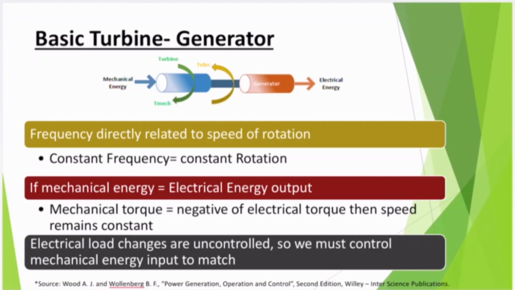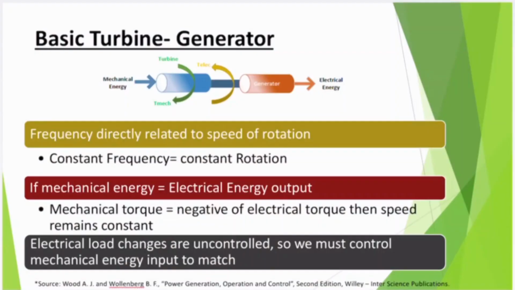Whenever there is a rotating device, you have frequency. So the frequency becomes constant when the rotation becomes constant. Similarly, the mechanical energy and the electrical energy output must be equal. Whatever mechanical energy you provide, it is expected to deliver the same amount of electrical energy in a different form.